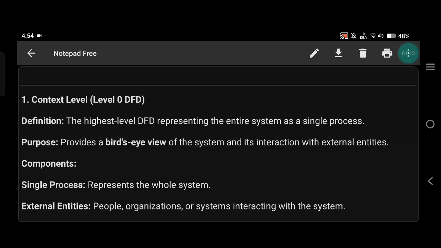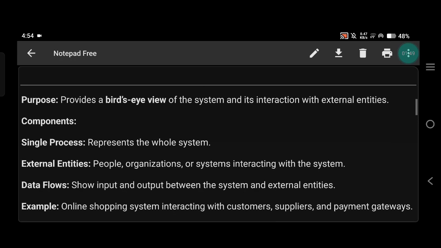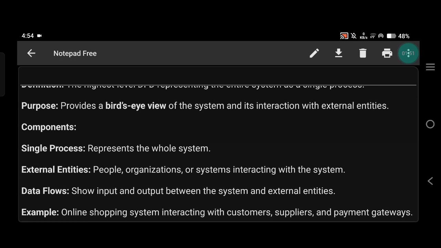Then external entities: people, organizations, or systems interacting with the system. Data flows show input and output between the system and external entities. Example: online shopping system interacting with customers, suppliers, and payment gateways.